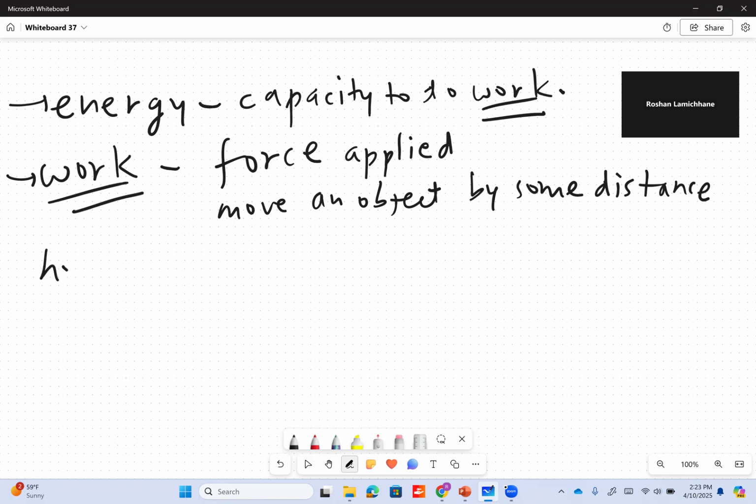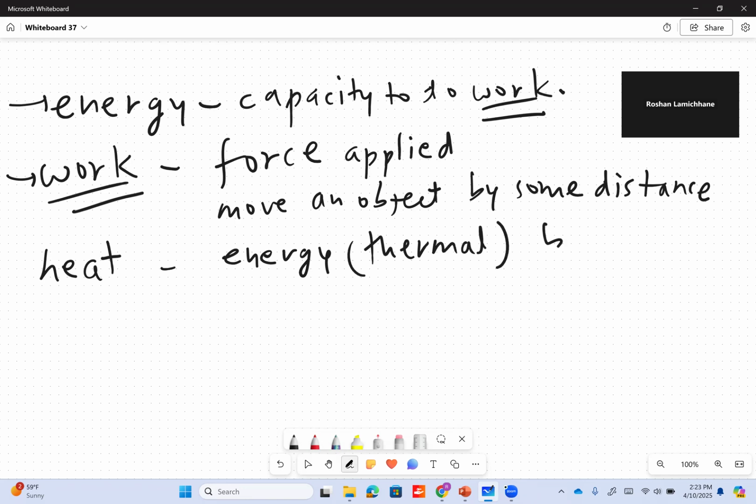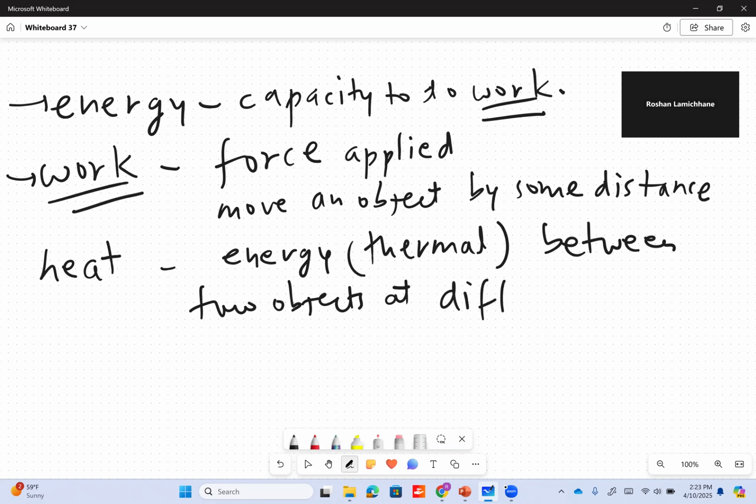And the last one is heat. The way we think about heat is basically the energy transferred, right? So to be more accurate, it is the thermal energy transferred between two objects at different temperatures. What I mean by that is, let's say those two have to be in contact.